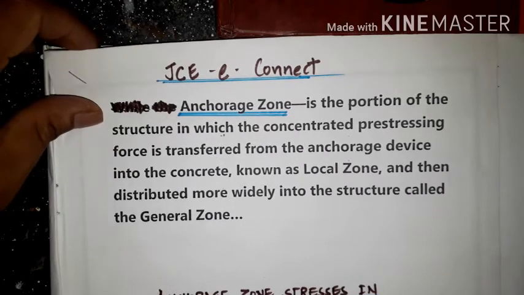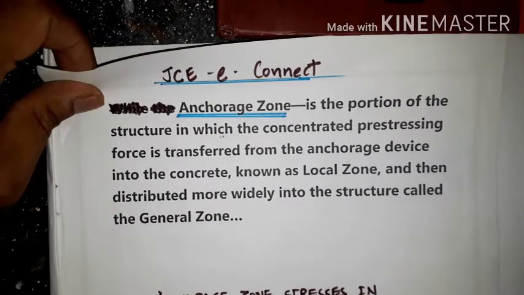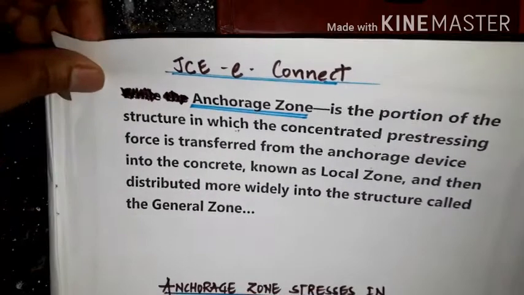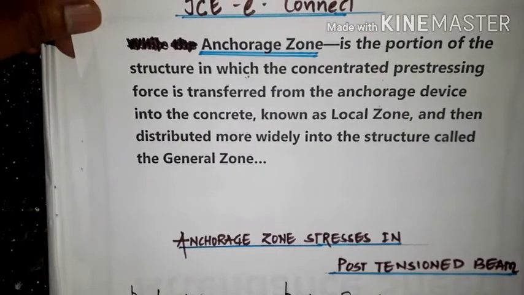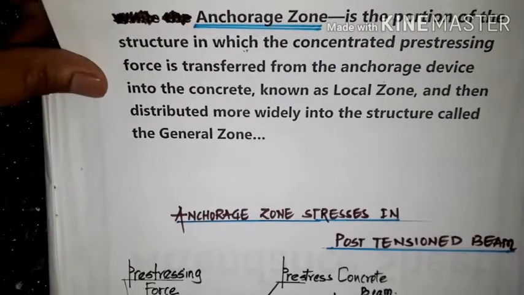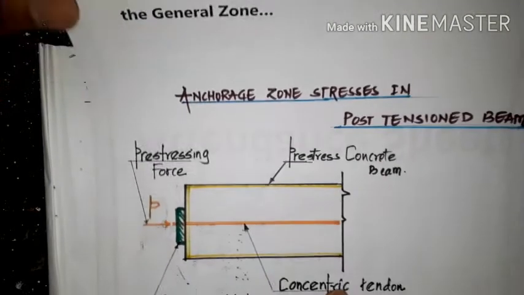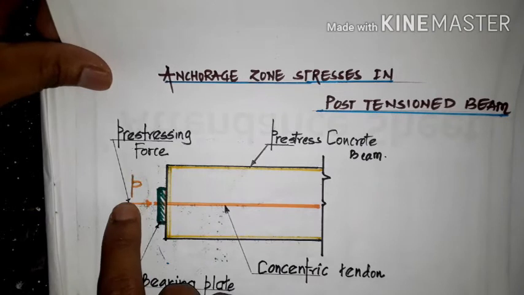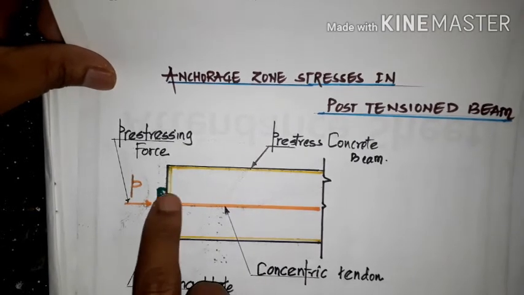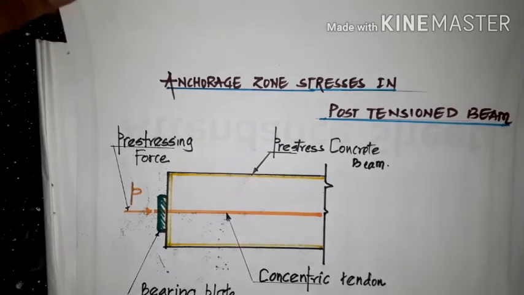Before going to today's session, I'll review the previous session's discussion. We discussed the anchorage zone and how the stresses develop in it due to the pre-stressing force P when the tendon is anchored at the end. So we discussed how the pre-stressing force will develop.